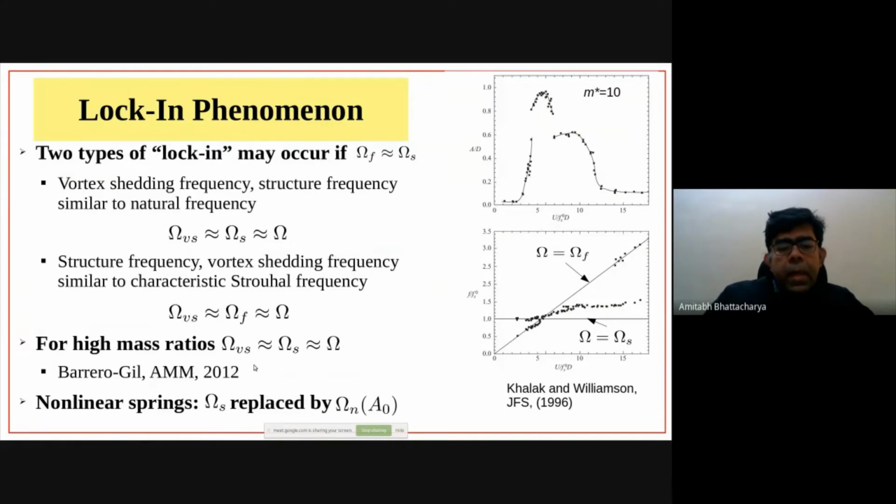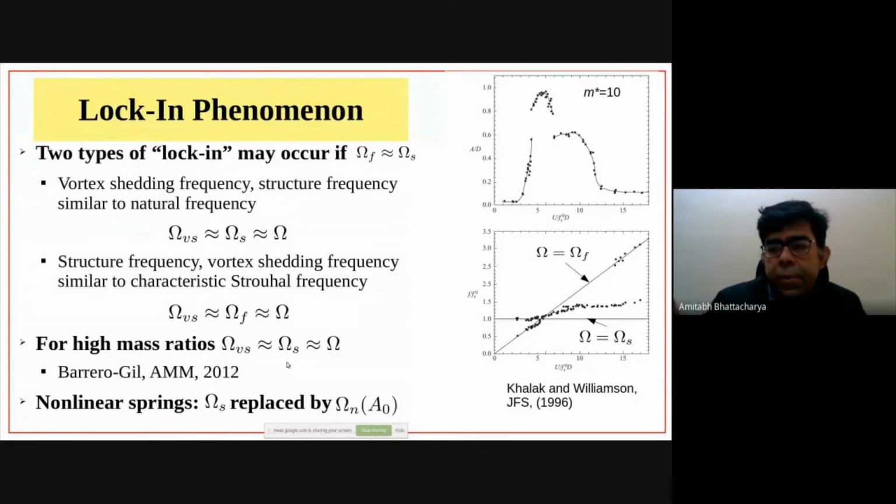Okay. Now when you go for very large mass ratios, there is a very simple piece of analysis which shows that your vortex shedding frequency will actually lock in with the natural frequency of the structure.